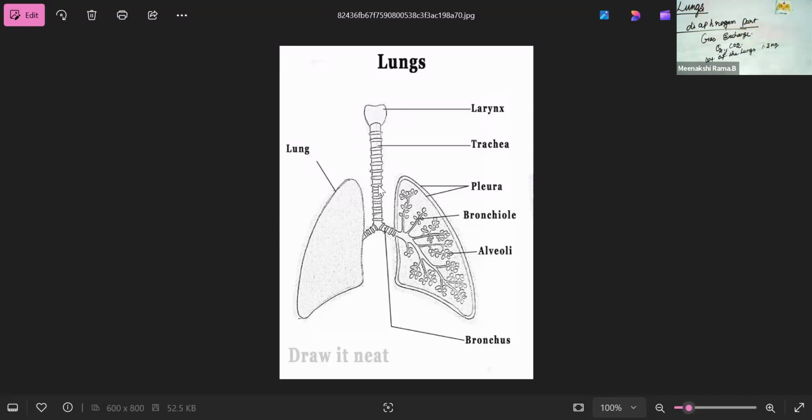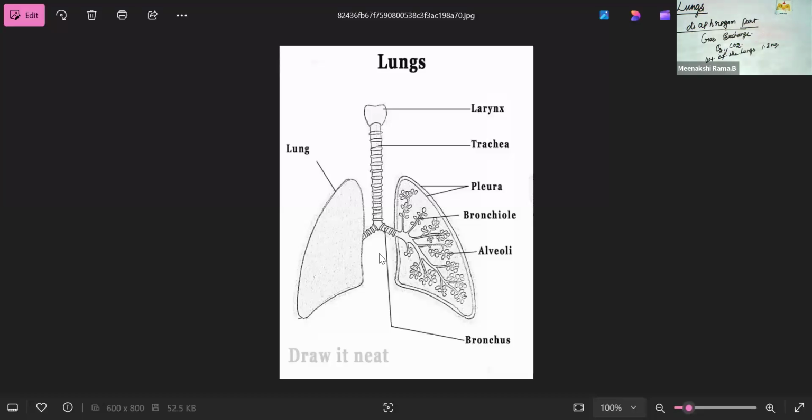This is the lung. The outer covering is known as the pleura. The branches are the bronchioles. This is the alveoli. Bronchus means the two parts into which the lungs are divided.